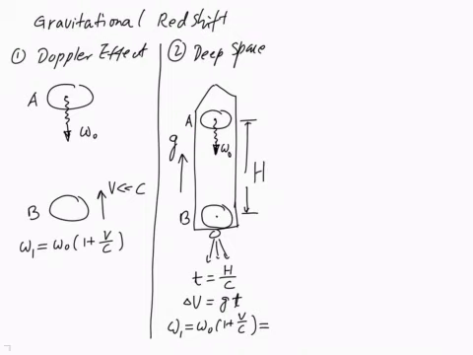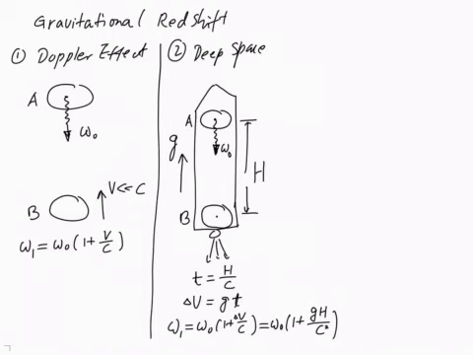In this case, v is delta v between A and B, because both A and B are accelerating, but B gains additional speed gT over the light traveling time T. So this equals omega 0 times (1 + gT/c), and T is h over c, giving omega 0 times (1 + gh/c squared). That's the new frequency.